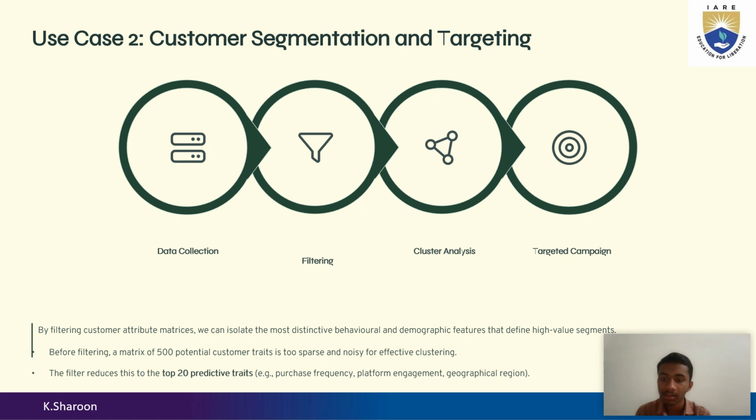Before filtering, a matrix of 500 potential customer traits is too sparse and noisy for effective clustering. The filter reduces this to the top 20 predictive traits. Example: purchase frequency, platform engagement, geographical region.